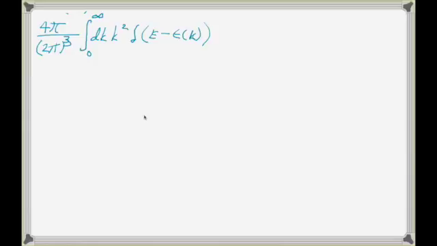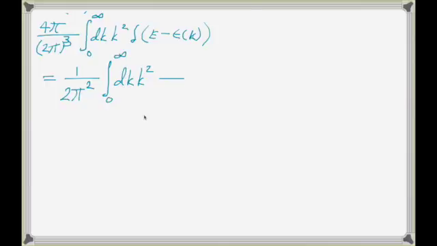Usually I have to end up rederiving this for everyone because they've forgotten how to do this. So out front, we have 1 over 2 pi squared, integral dk k squared.